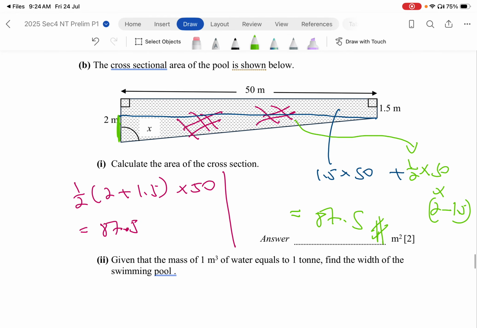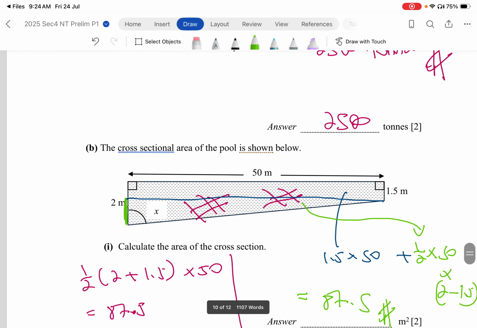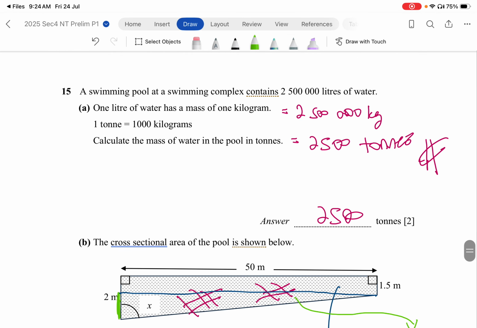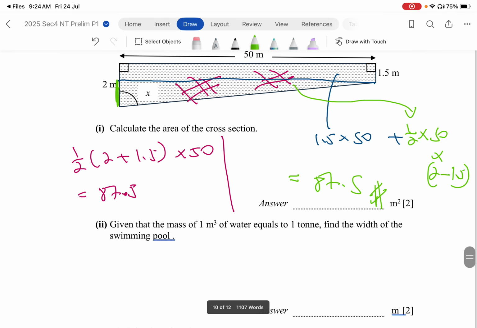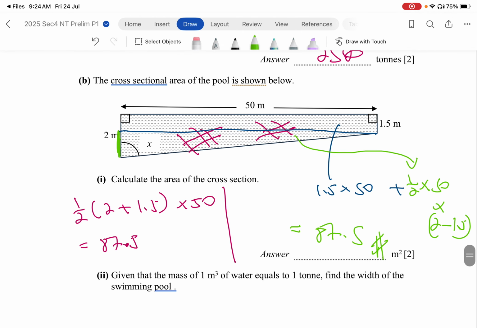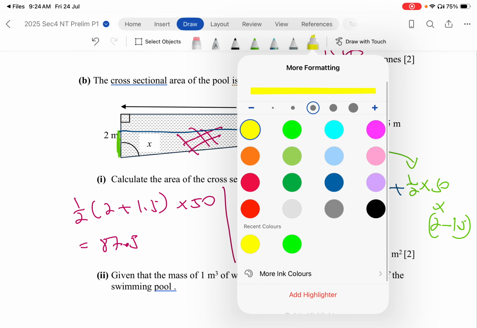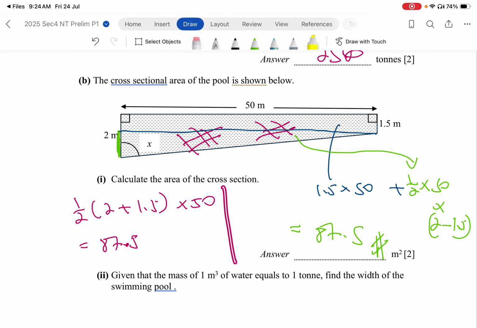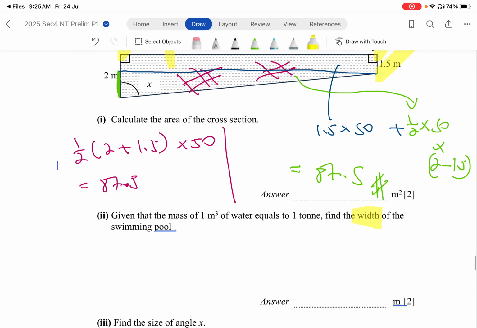Given that 1 meter cube is 1 ton, find the width of the swimming pool. So the width here, right? What they meant is this part, because this is the side that you see. They meant the side that you don't see. So you have 2500 tons, which equals 2500 meter cube.